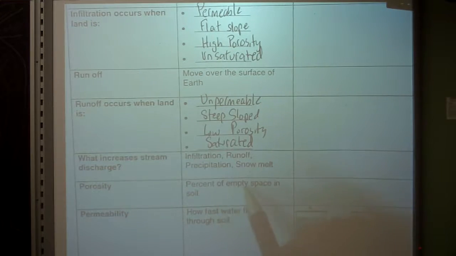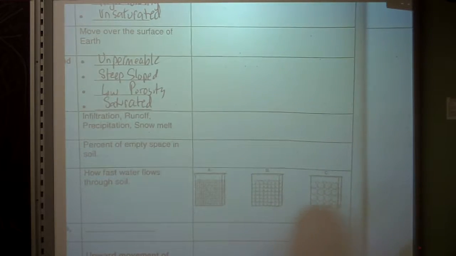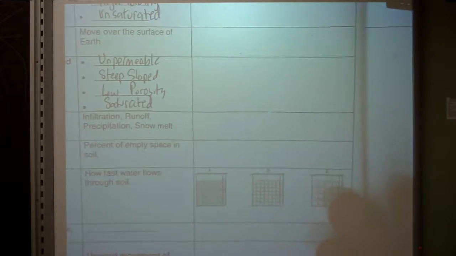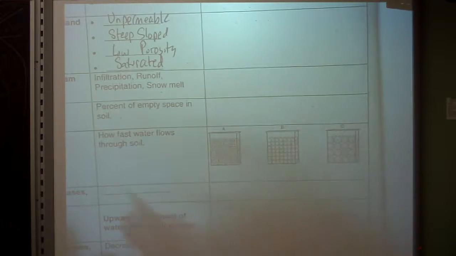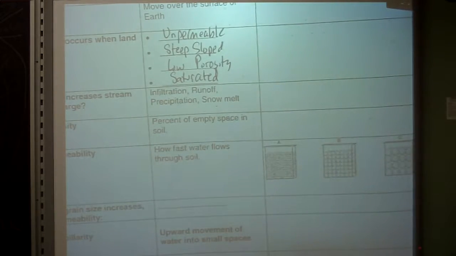Now, porosity is the percent of pore space, and a lot of times they'll give you diagrams like this. Each one of these has the same amount of pore space. This just has big pores, but few of them. This has small pores, but many. Okay? Grain size increases permeability. So as the size of this becomes larger, the water goes faster through it.